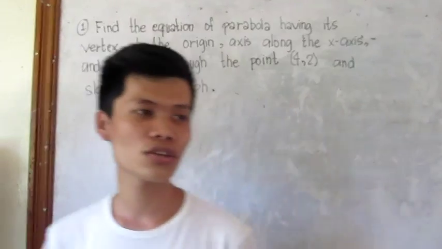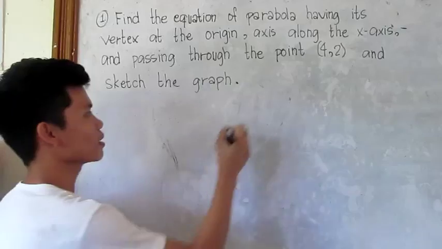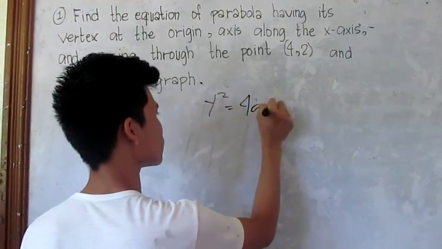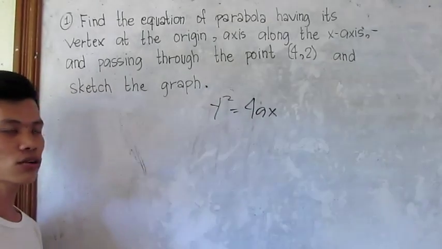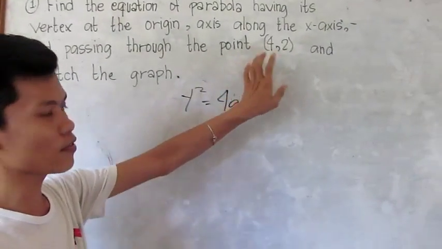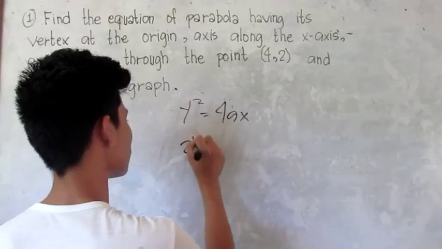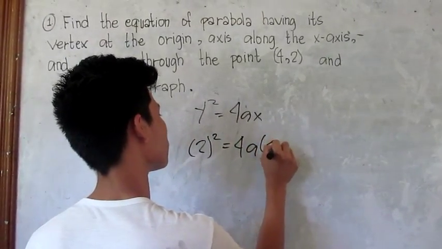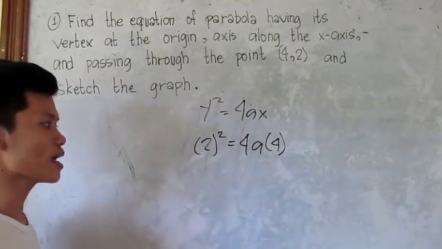Okay, now we are going to use the formula y squared equals 4ax. And then we're going to substitute using the given point. And then we're going to multiply.